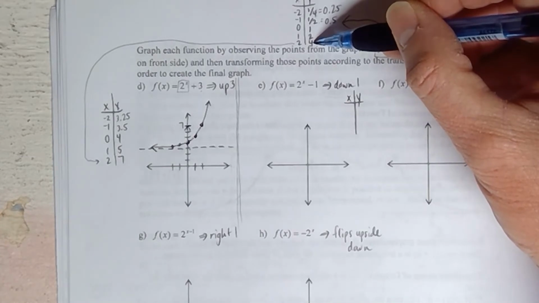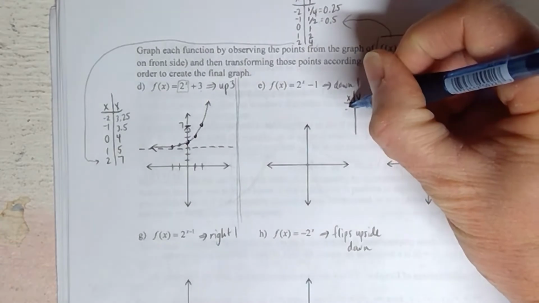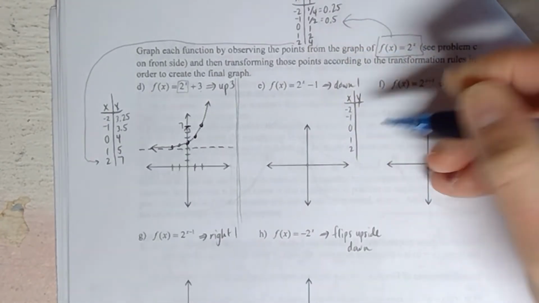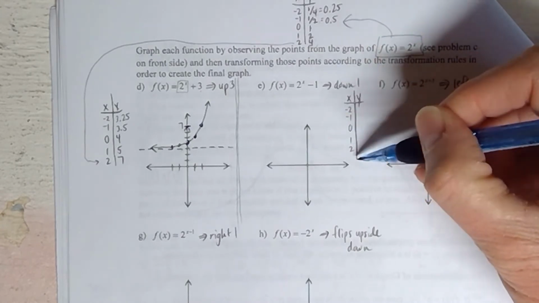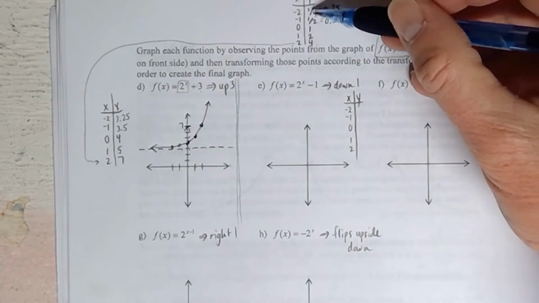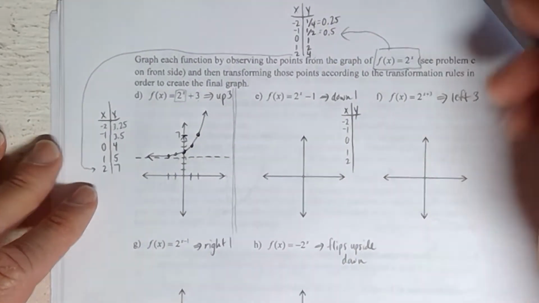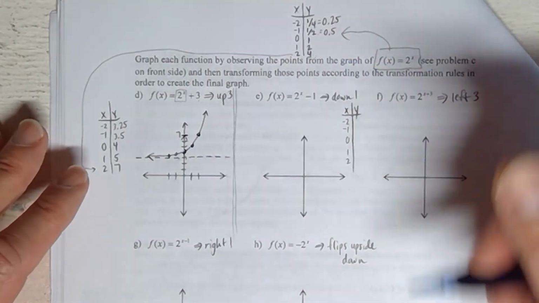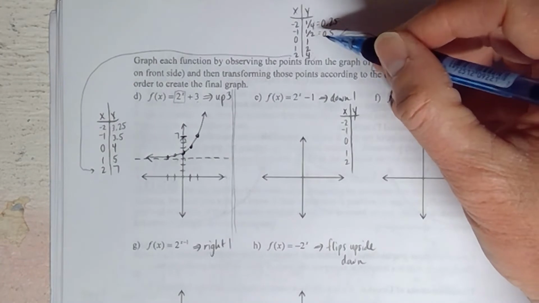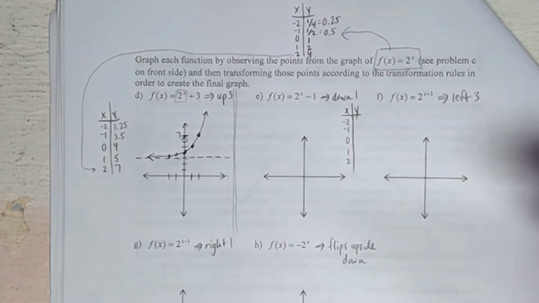Just like it says -1 right there, that makes sense. Again, you don't need to write down the x's and y's here for the shifted graphs. You do need to write down the x's and y's for the original graph because you've got to have numbers to start with. We already had those numbers from the front side of the worksheet, so we're good. I just write these down here to make sure that we're getting it in the right place.